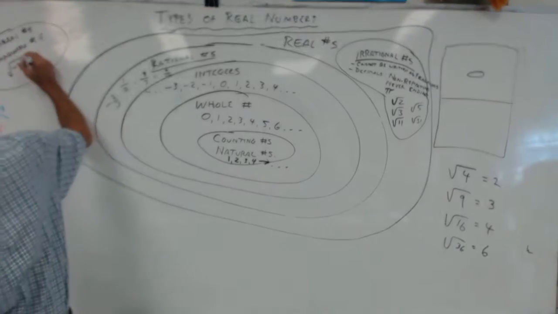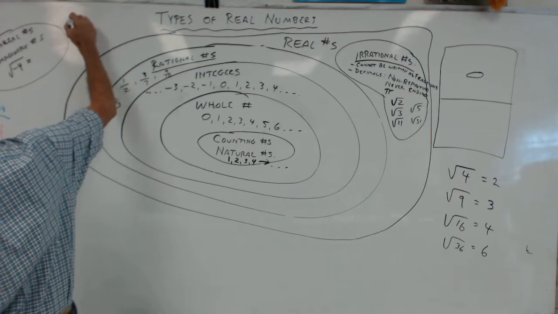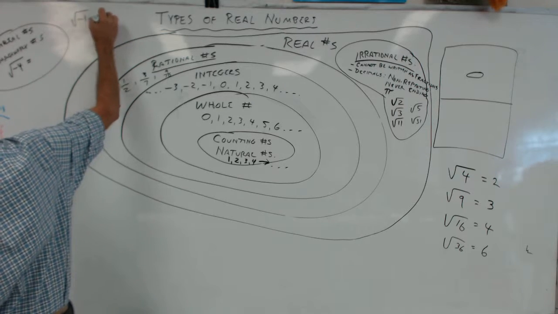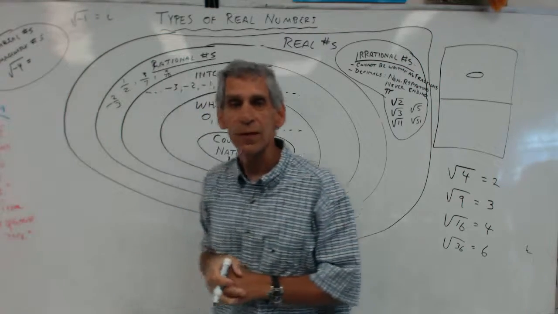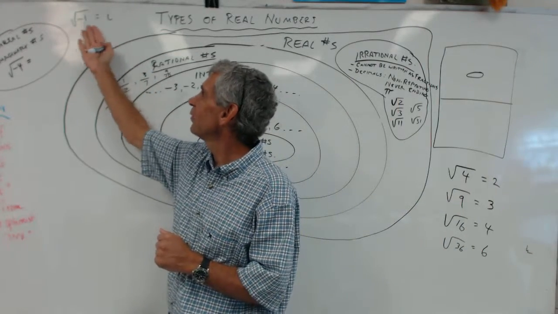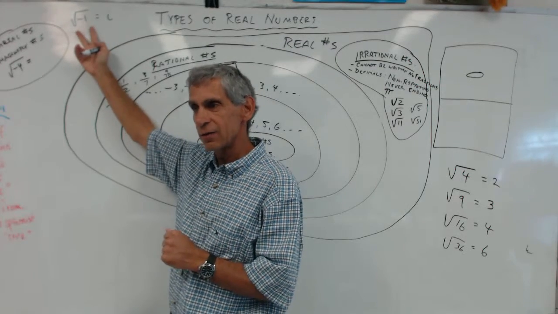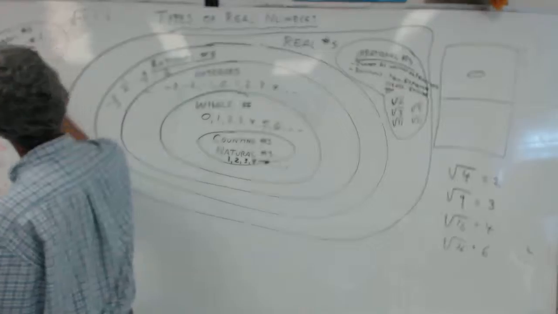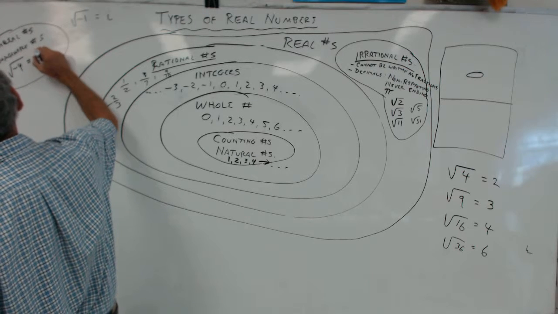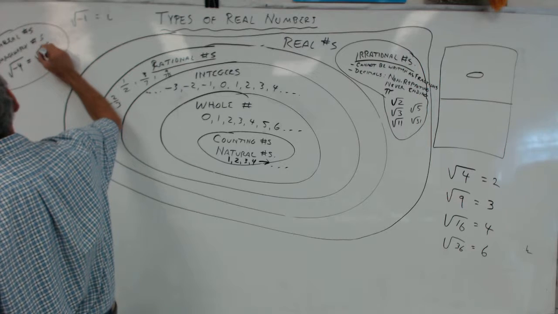The square root of negative 1 is i. That's the definition of i, an imaginary number, so it's the square root of negative 1.